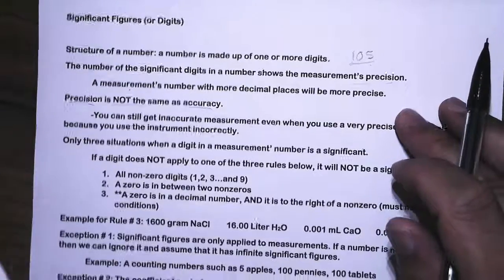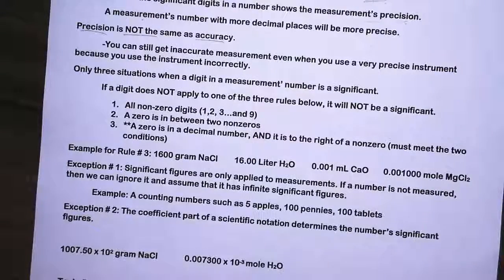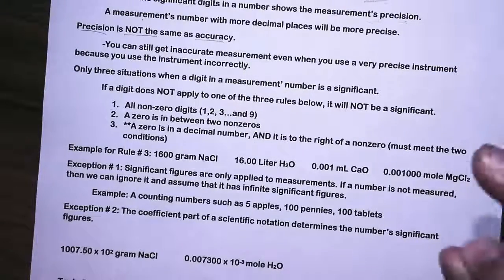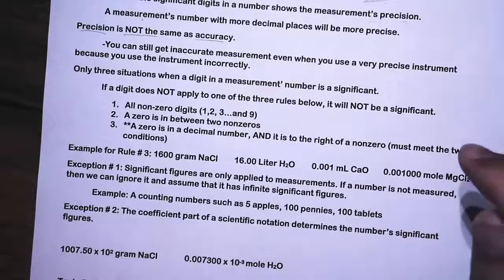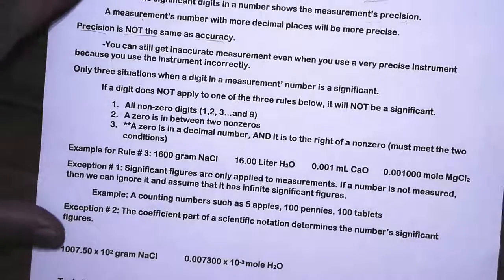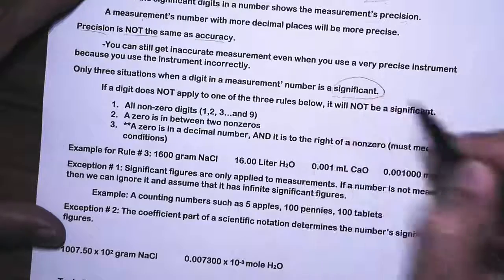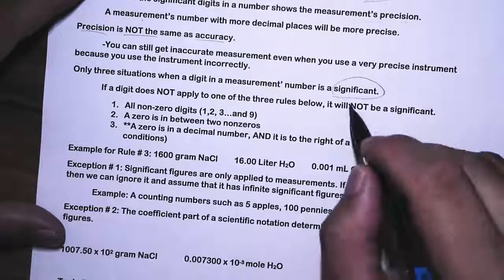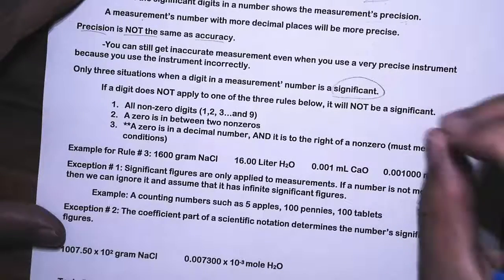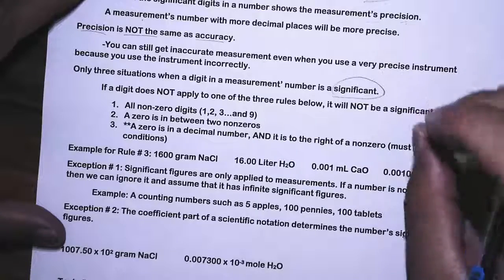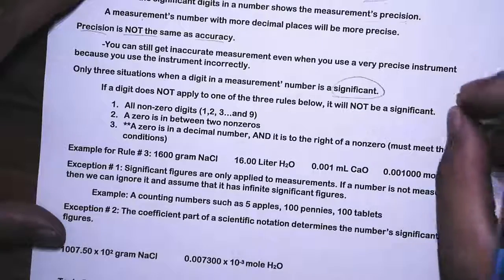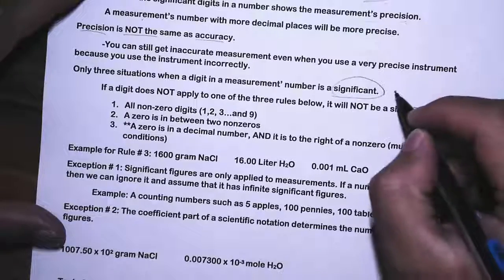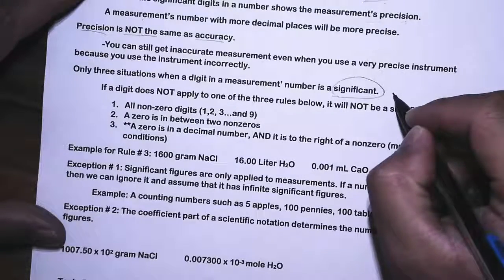Now let's talk about the rules that we use to determine if a digit or a figure is significant or not. What does the term significant mean? The word significant indicates that we can prove it. That is, using the instrument, we can actually point out, hey, right here represents this specific digit.